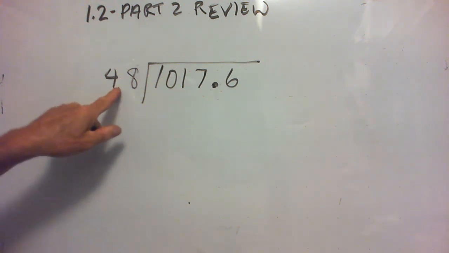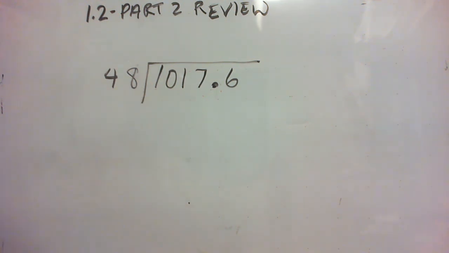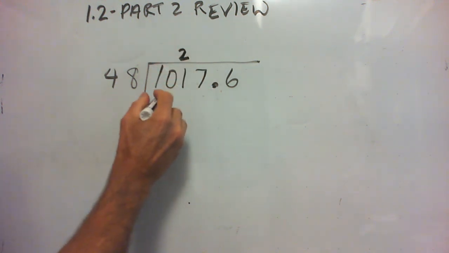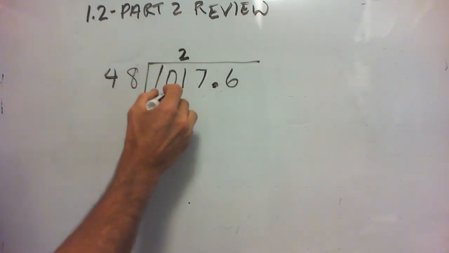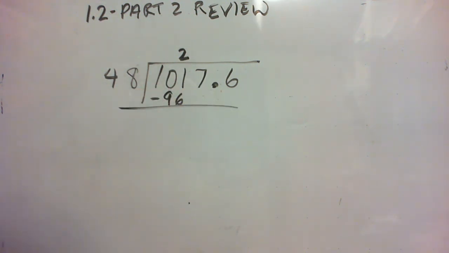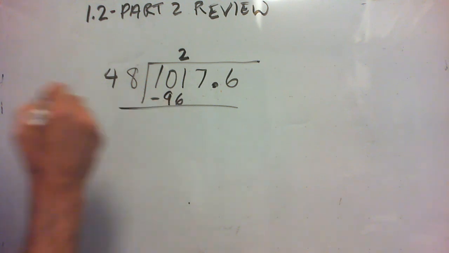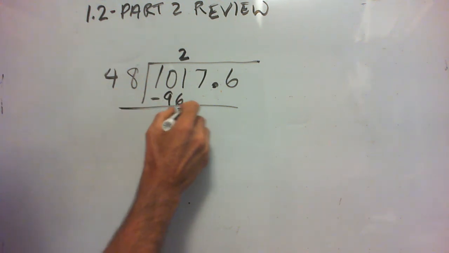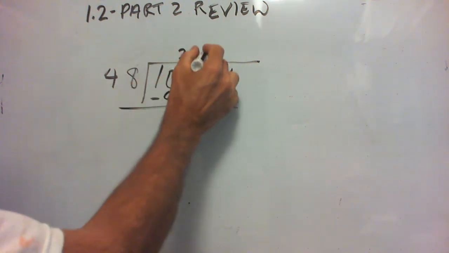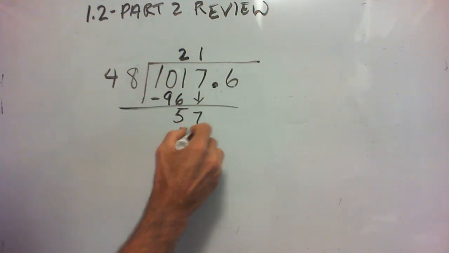So you start dividing. 48 into 101 goes twice. 2 times 48, 96. We subtract and carry down. We have a 5 and carry down the 7. 48 goes into the 57 one time.